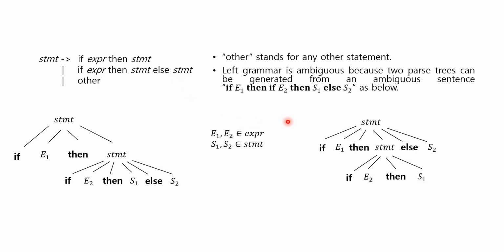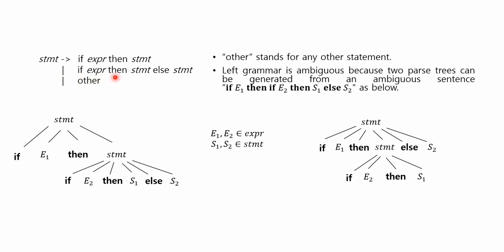A different parse tree that generates the same sentence if E1 then if E2 then S1 else S2 is possible by expanding the statement to if expression then statement else statement, which is the second rule of this grammar.